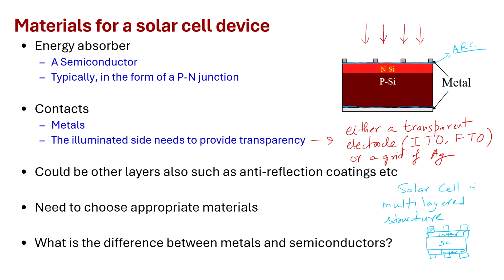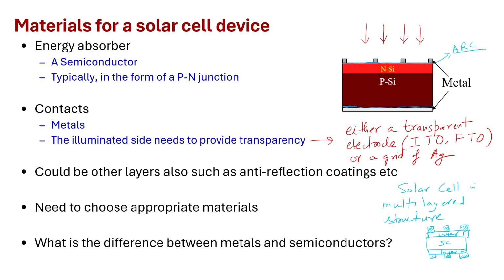So depending upon what the device is, you will have at least 4 to 6 layers in a solar cell device, and they all have different functions. But the key thing is that the side from which light enters should provide maximum transparency of all the layers included, so that radiation can be absorbed by the semiconductor.